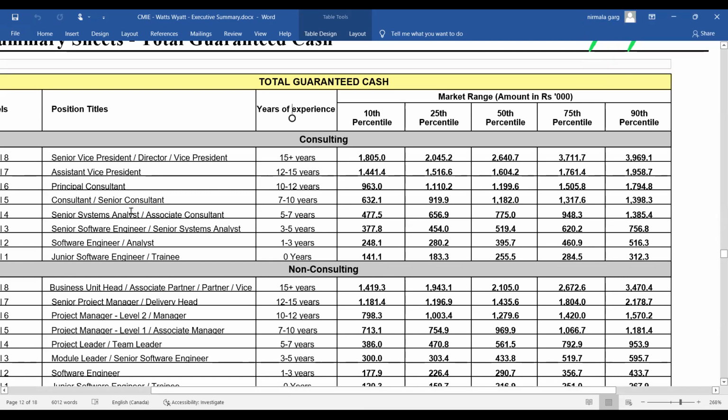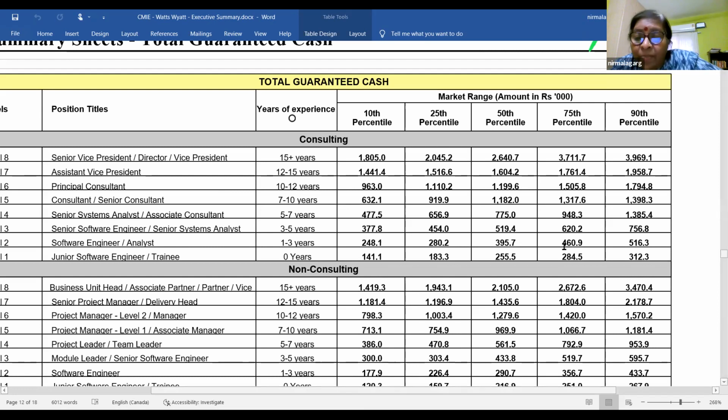Okay. Now I'll give another position, software engineer. Say for example, I am paying about 400,000. Where am I? I'm somewhere between the 50th percentile and the 75th percentile. But I'm seeing that there's huge attrition.